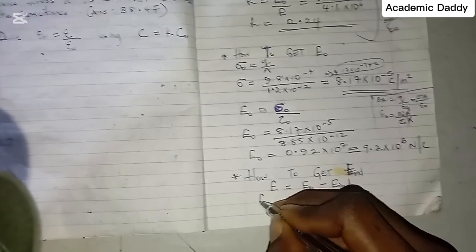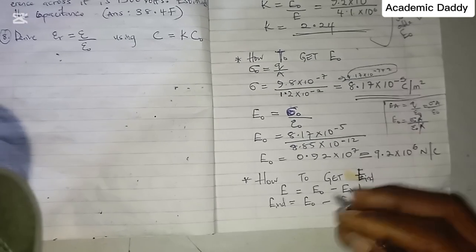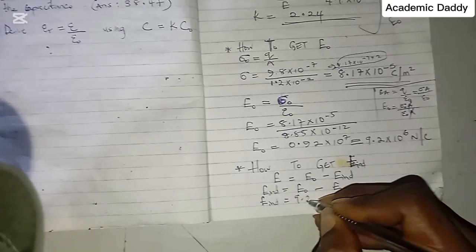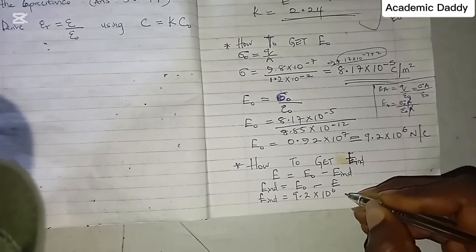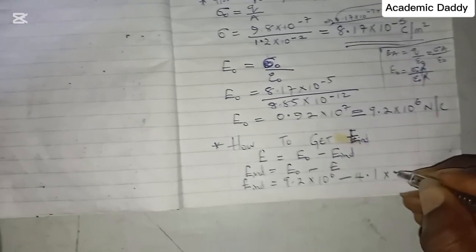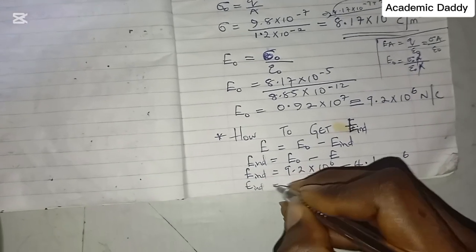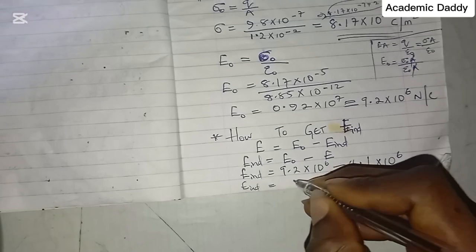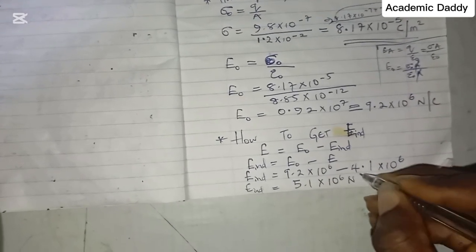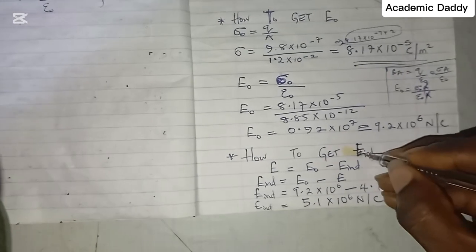So E induced will be equal to E naught minus E, which is 9.2 times 10 raised to the power 6 minus 4.1 times 10 raised to the power 6. So E induced is equal to 5.1 times 10 raised to the power 6 Newton per coulomb. That is how you find your E induced.